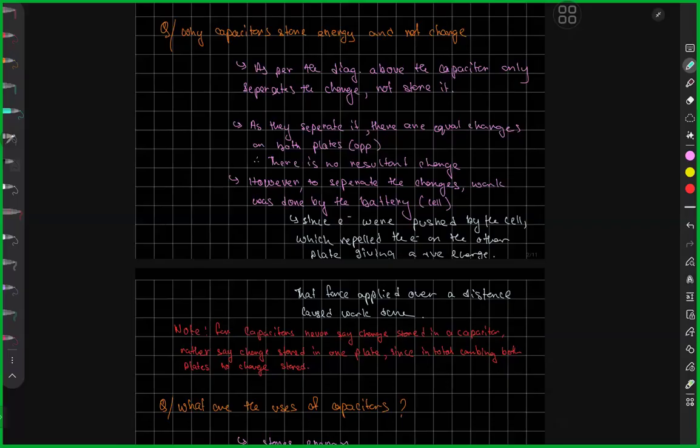I explained last class why the energy is stored in a capacitor, and I tried bringing in the idea of electric fields, which is exactly what it's analogous to.